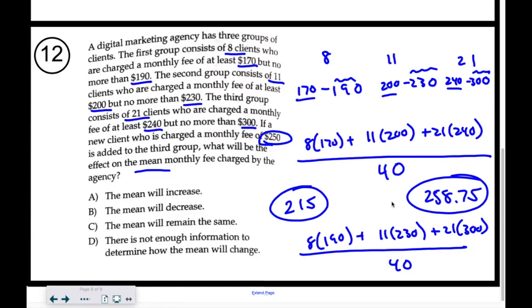Now, if this range went up to say 240 and we knew that this was greater than the mean, then we would know that we would have increased the mean, or vice versa if it was less than the range. But since it's within the range, we don't know what adding 250 is going to do. So the answer ends up being D. There is just not enough information to determine how the mean will change.